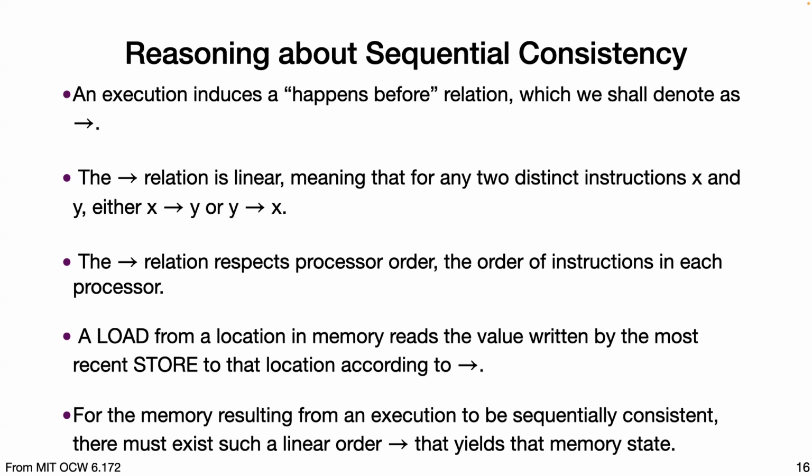So here we're talking about load and store, which are memory operations. So I'm wondering, because we have multiple processors, for something like pure calculation instructions like add or multiply, they can be executed concurrently. Yes. So that in between those instructions, we don't have a happens-before. No, right now we're just talking about load and store, but you can assume the same sequential consistency, that you have to respect the processor order.